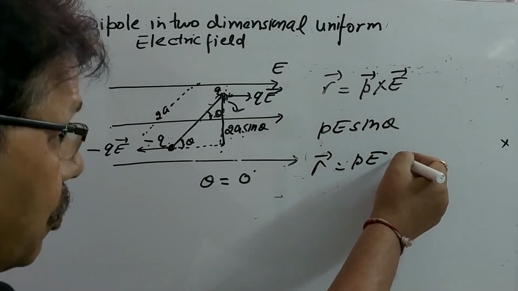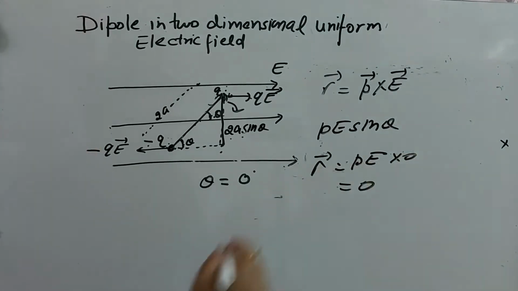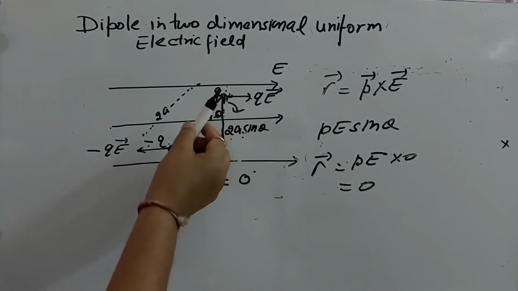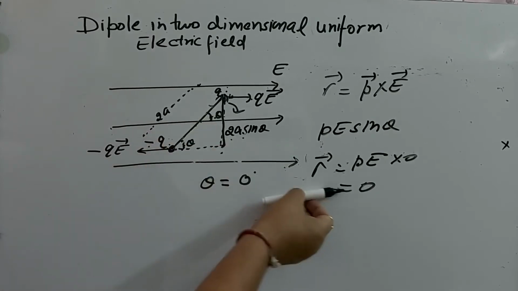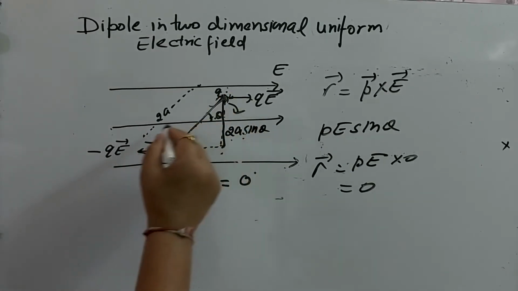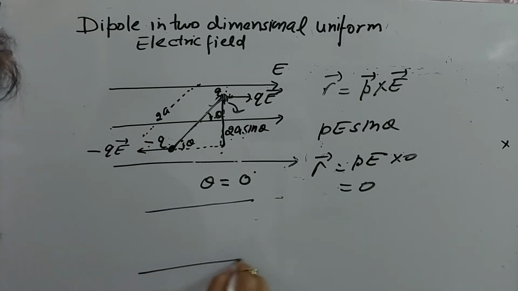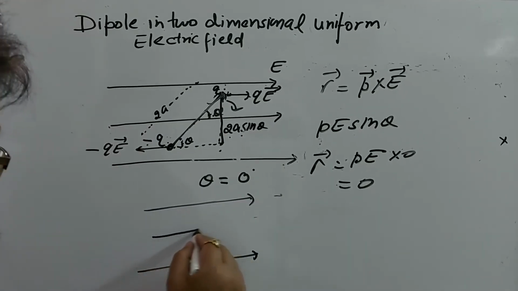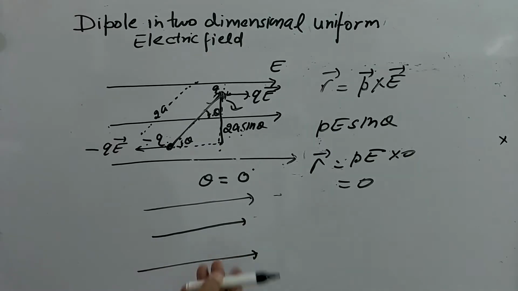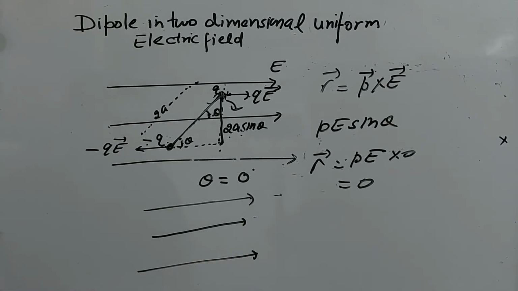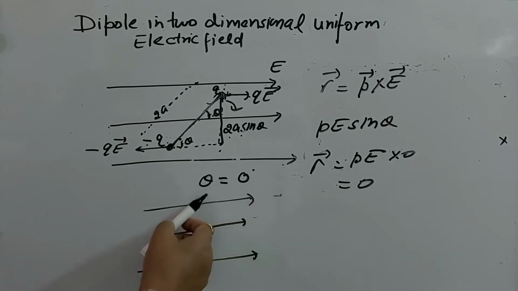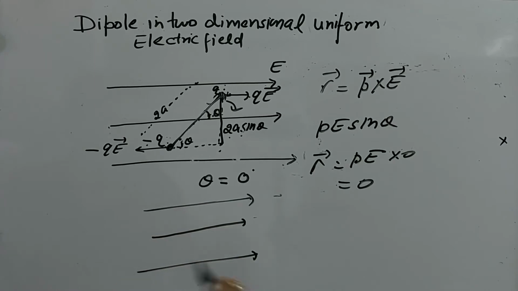Sine 0 means 0, so this will be 0. No torque will be acting. It means if this dipole aligns itself along this line, 0 angle means this will be along this line, this is the direction of the electric field and our dipole is also along this, then there will be no torque acting on this, because using this relation pE sine theta, this will be 0. So in this case, when theta is 0, no force, no torque will act on the dipole.